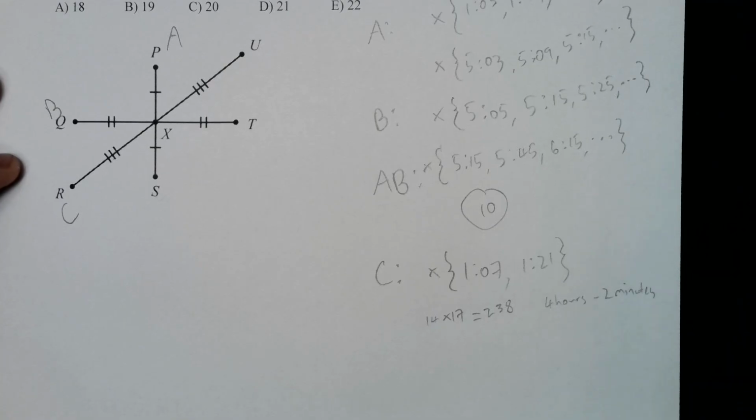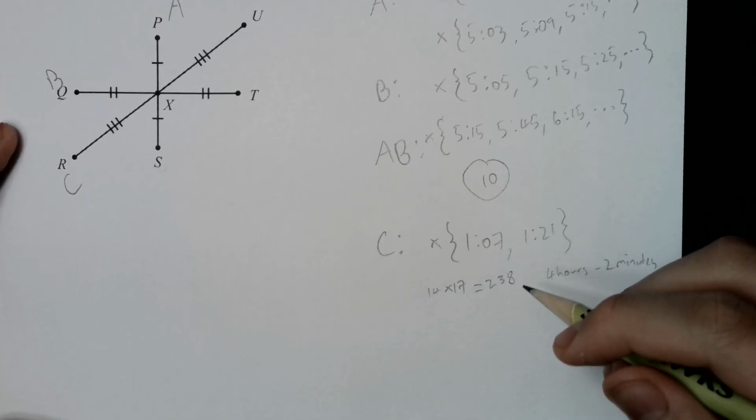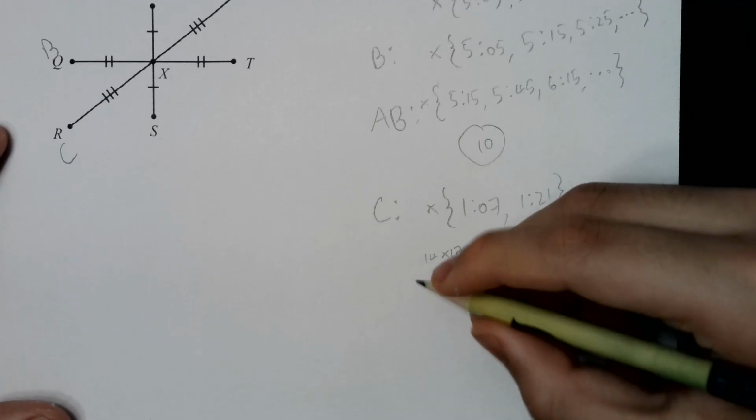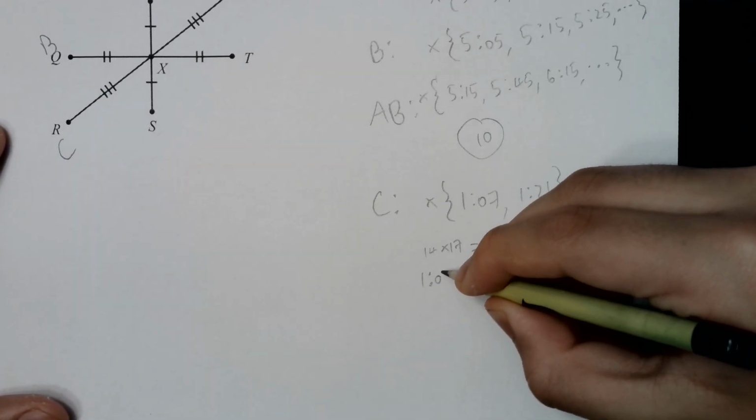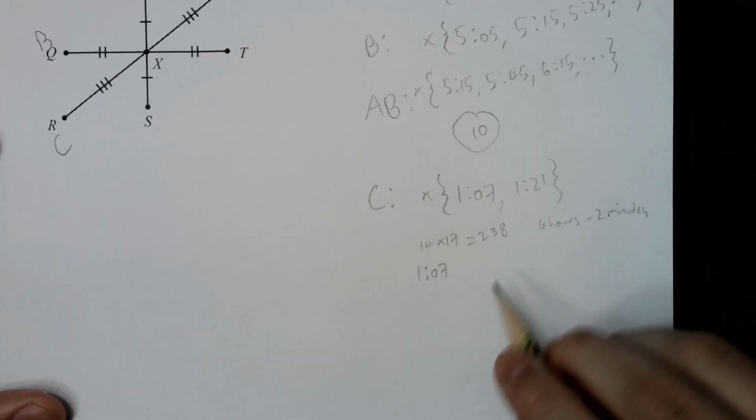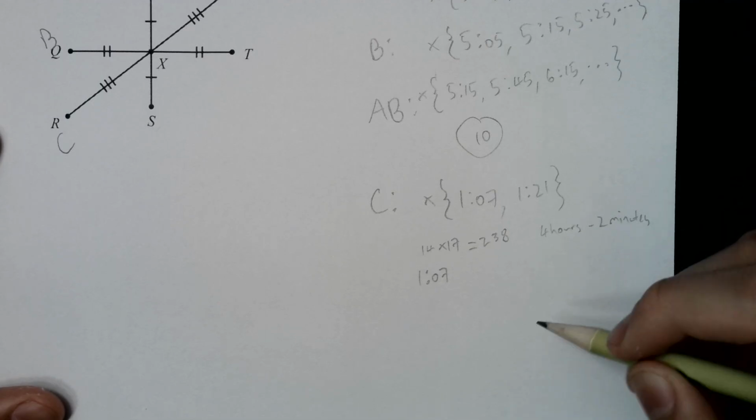So as you can see here, we can just use this to realize that, let's look at 1:07. After that we just add 4 hours to it, and also remove 2 minutes from the time.